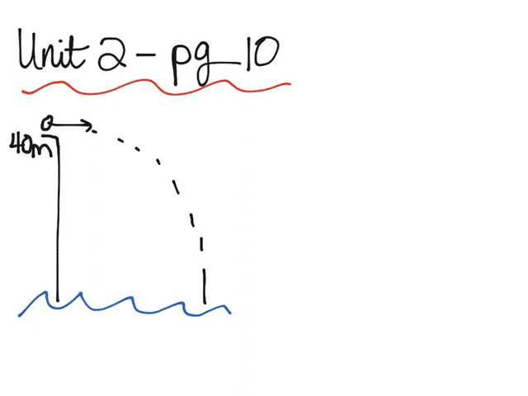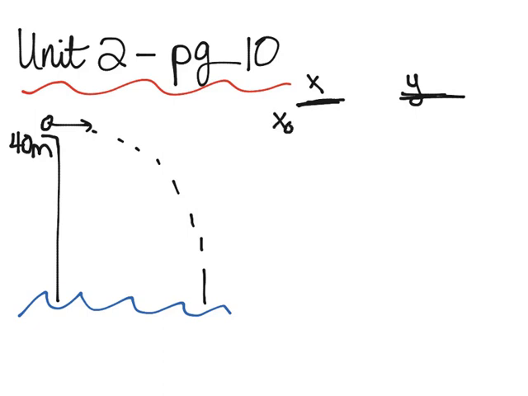Okay, as with all of these problems, the first thing we want to do is make two lists of variables. X and Y, side to side, and up and down.